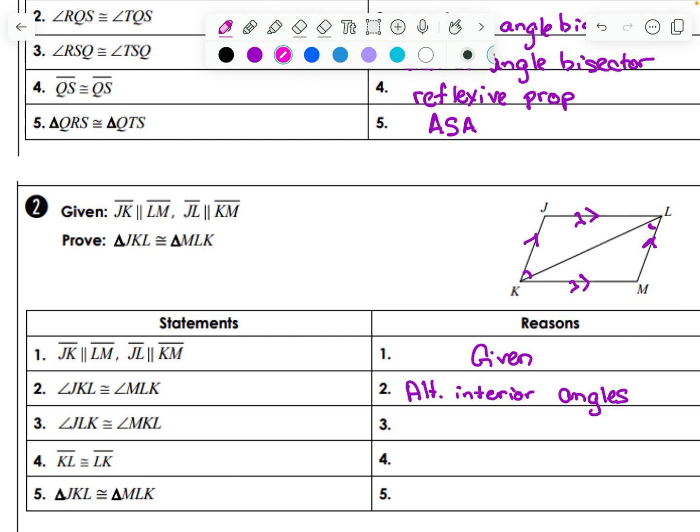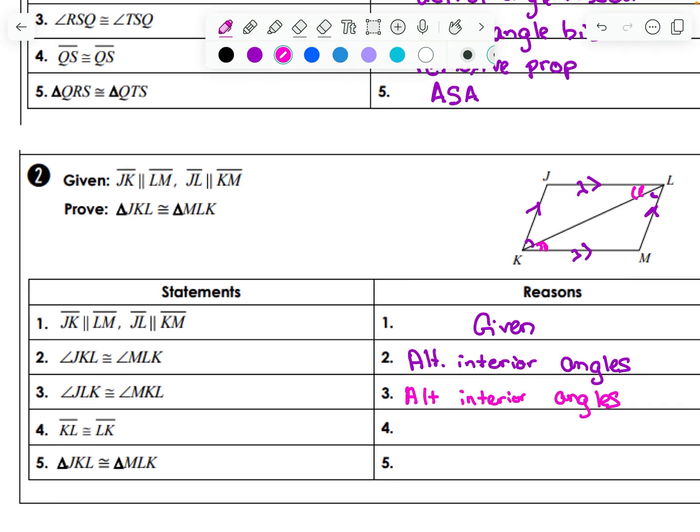We can have JLK is congruent, oops, let me put 2 marks there, with MKL rather, right there. Those are also alternate interior angles. And then we've got KL congruent to LK. These are reflexive property.